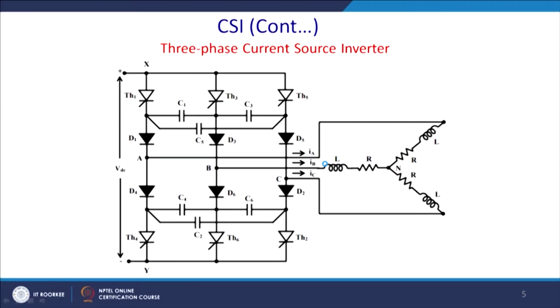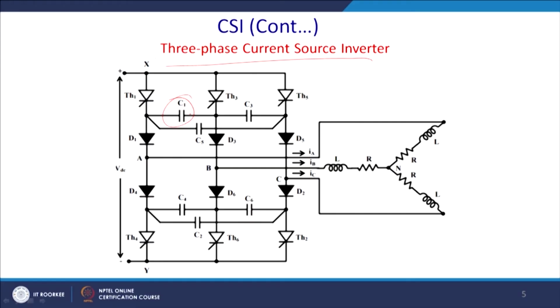So, this is the 3 phase realization of the CSI circuit. You require auxiliary commutation to make it 3 phase, and you can do that.